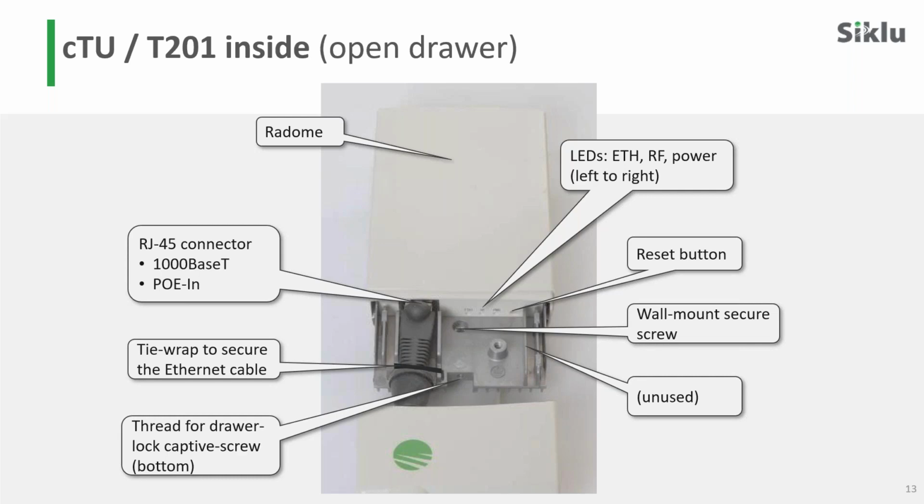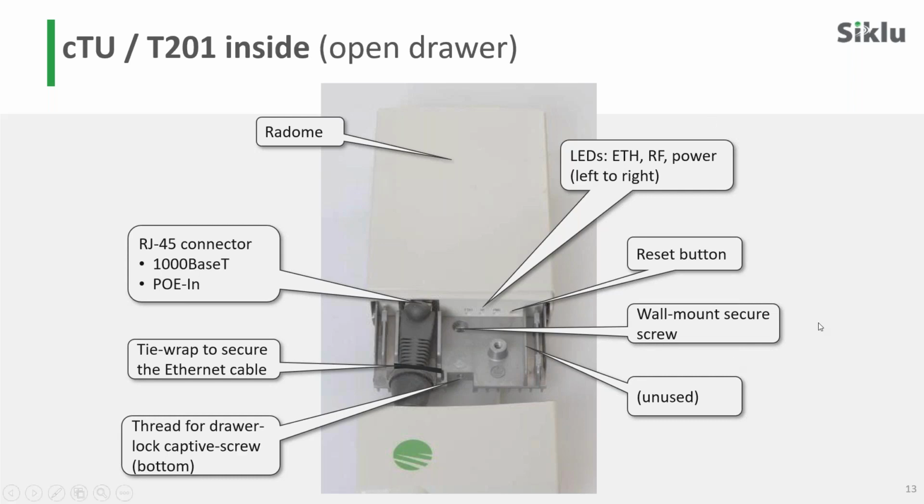There is also a tie wrap which is available in the box, which basically allows for strain relief of the cable to the chassis and not to the connector of the unit.